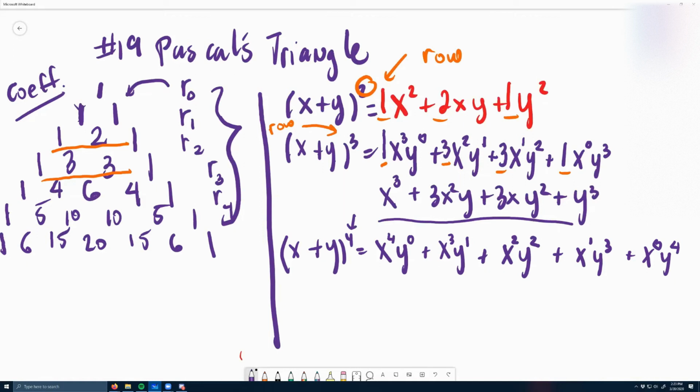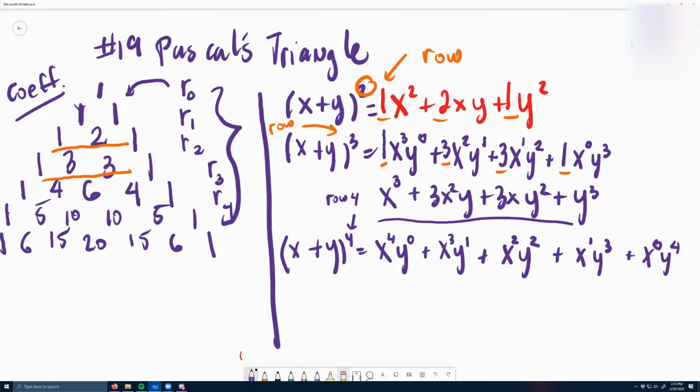This guides us on where the first one starts and where the last one ends. So the x starts with the 4, then it counts down to 3, then 2, then 1, then 0.